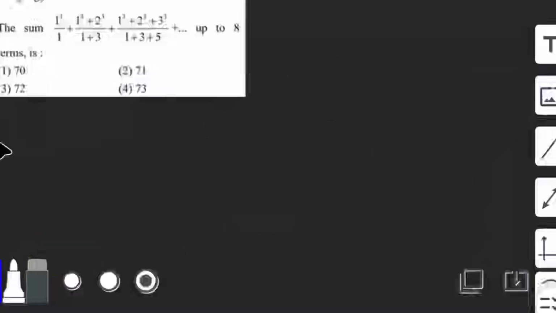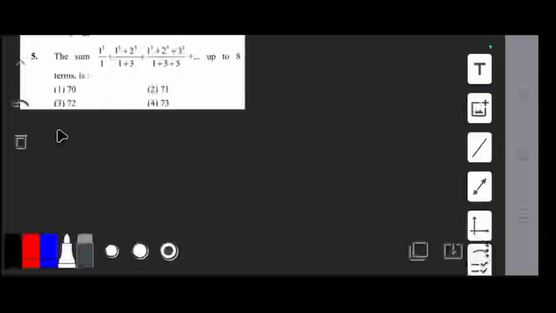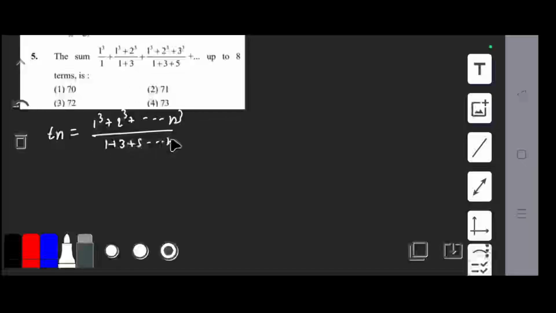Next problem, fifth problem. Here find the Tn. Tn is equal to 1 cube plus 2 cube and so on n cube, by 1 plus 3 plus 5 and so on n terms. It is a sum of cube terms, n into n plus 1 whole square by 4, and the sum of the odd terms is n square.